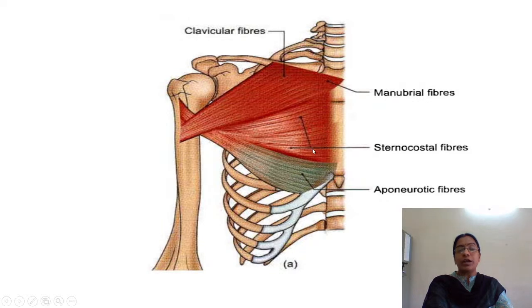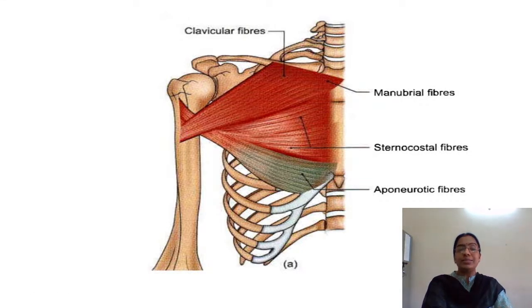The rest of the fibers, from the lower part of the second to sixth costal cartilages, and from the aponeurosis, form the posterior lamina. Both anterior and posterior lamina fibers converge and form a U-shaped twist. The insertion is twisted in such a way that the posterior fibers come at the higher part and the anterior fibers at the lower part.